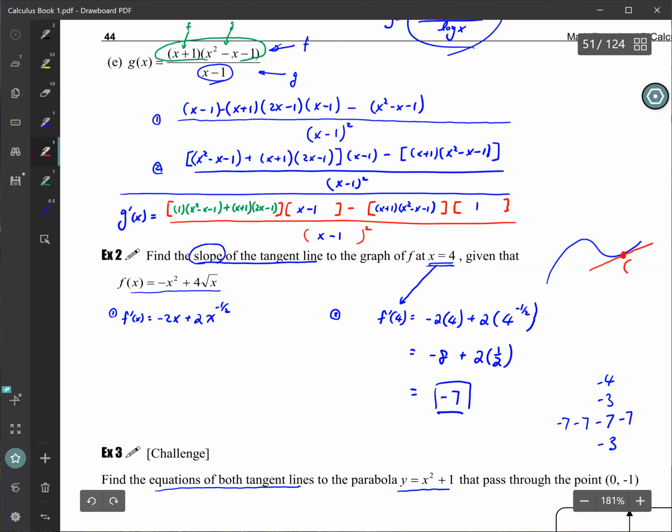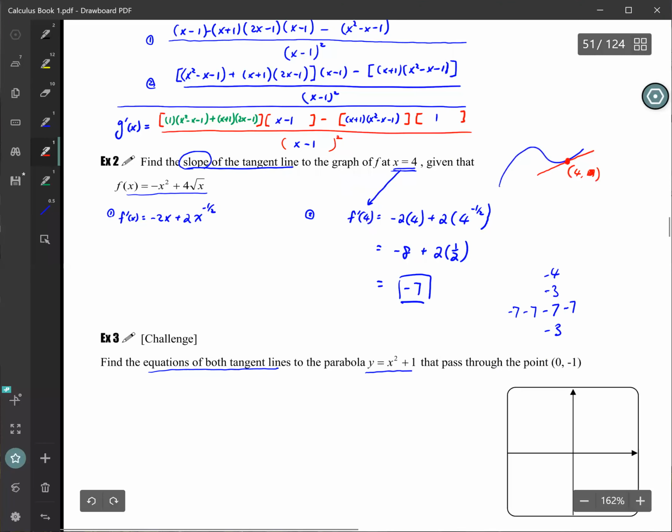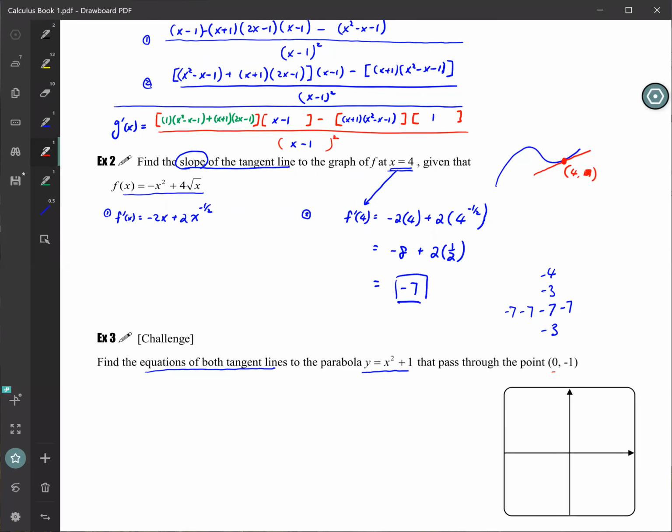This point has x equal to 4, and the y value we don't know. It's just that x is 4. Now the next question also gives you a point, but I want to know if this point is also on the graph or not. 4 was on the graph.